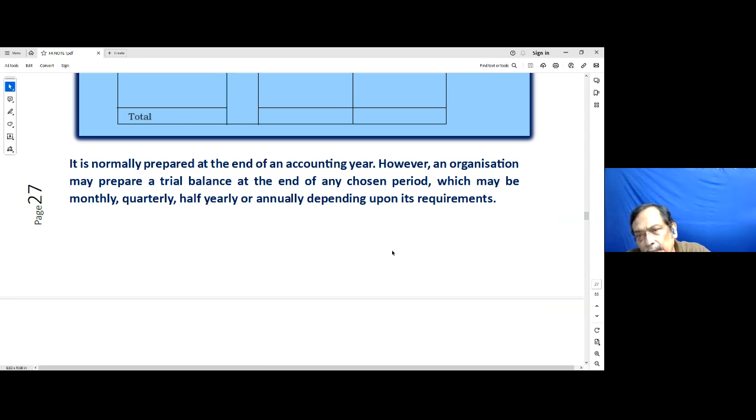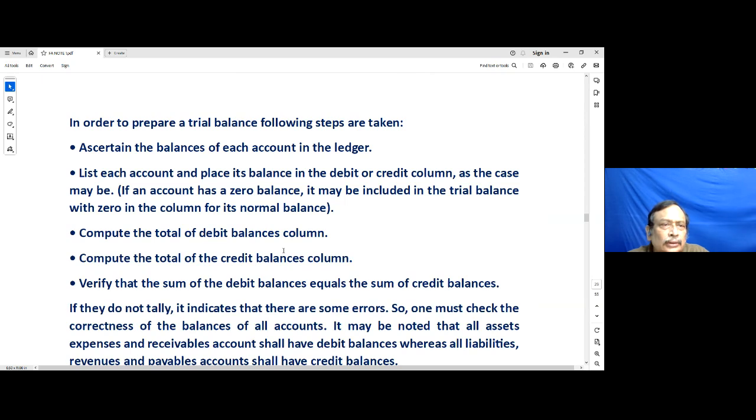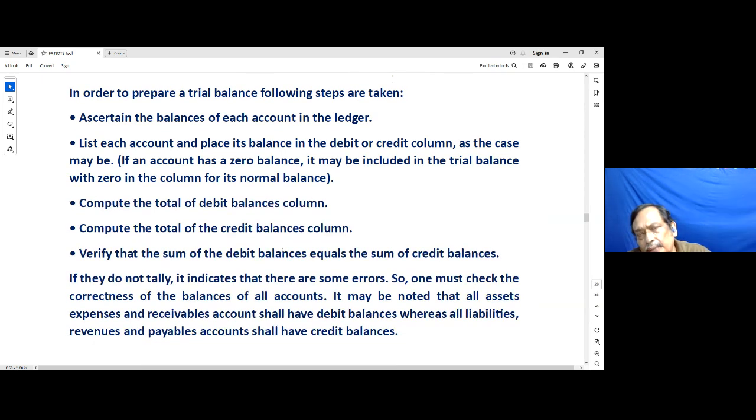However, an organization may prepare a trial balance at the end of any chosen period, which may be monthly, quarterly, half-yearly, or annually, depending upon its requirements. Now, in order to prepare a trial balance, there are certain specific steps. Number one, firstly to ascertain the balances of each account in the ledger.